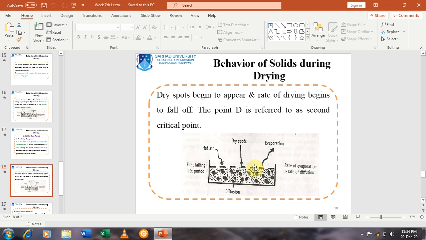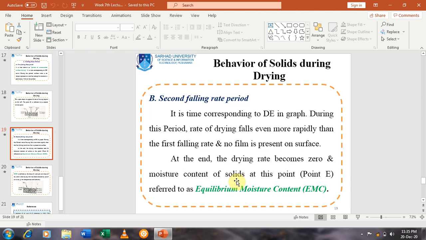The rate of drying begins falling, and at this stage the rate of evaporation is more compared to the rate of diffusion because not much water has diffused from the interior toward the evaporating surface. This is termed as the first falling rate period. And point D in the graphical representation is referred to as the second critical point.